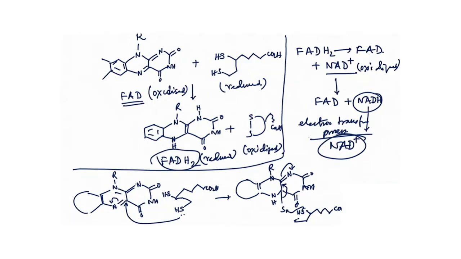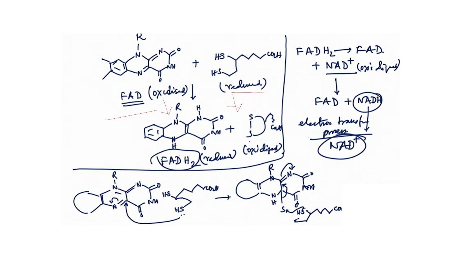So you can see this FAD is oxidized and this is reduced. These two will get reduced and this will get oxidized, giving FADH2 and the oxidized form of this disulfide.